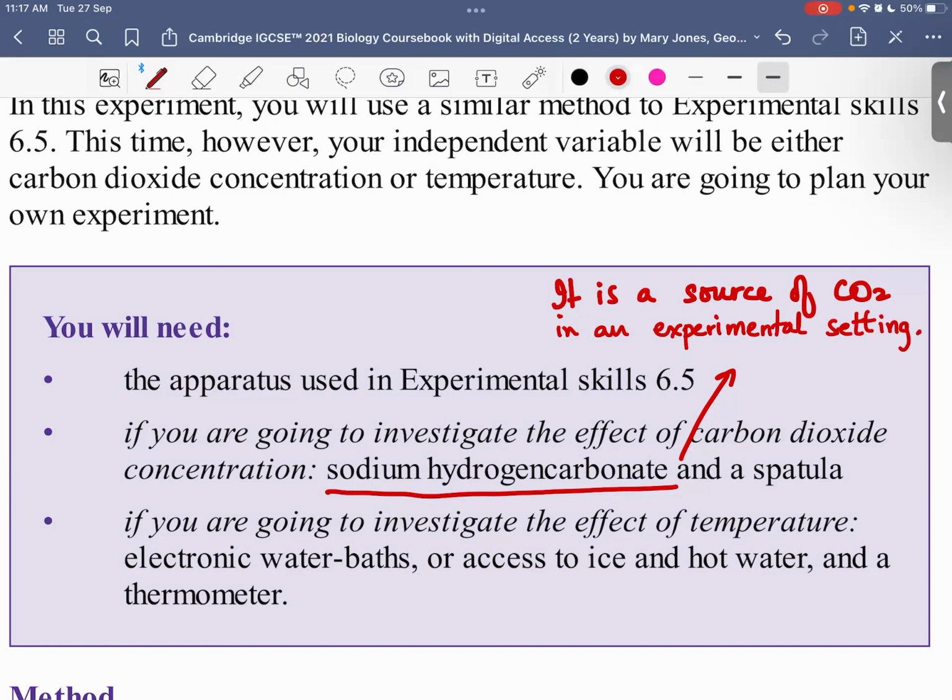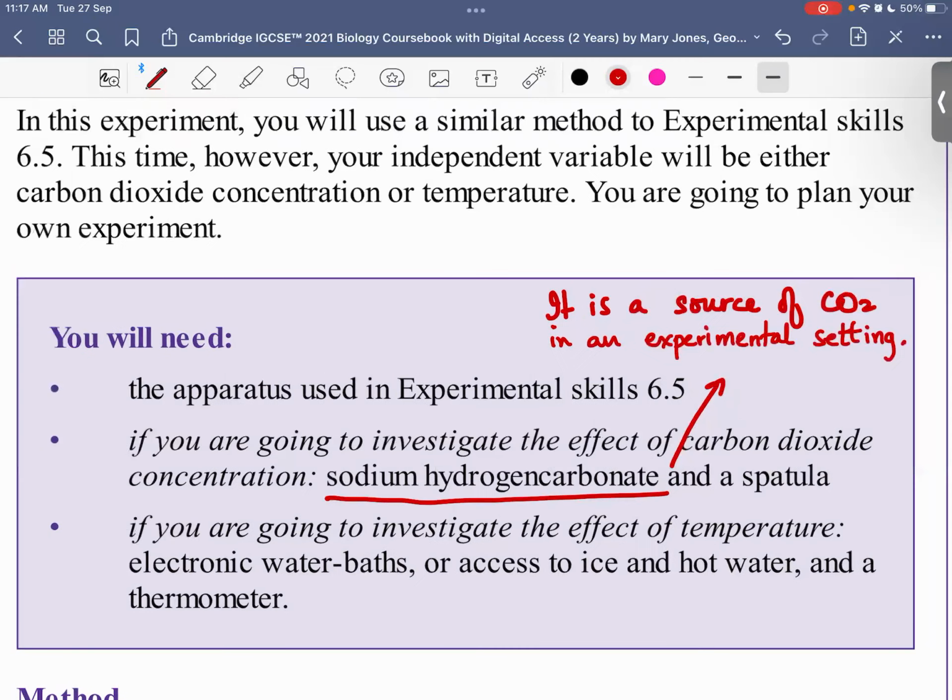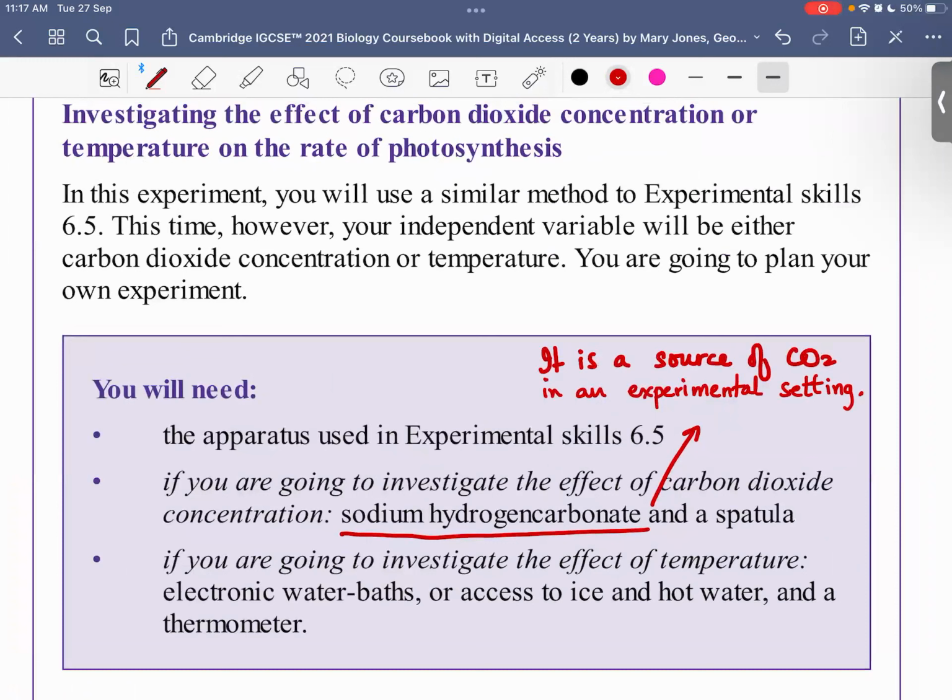Right? Because of course, I can't just grab carbon dioxide from the environment, from the air. So I have to have some artificial supply of carbon dioxide, which in this case is sodium hydrogen carbonate.